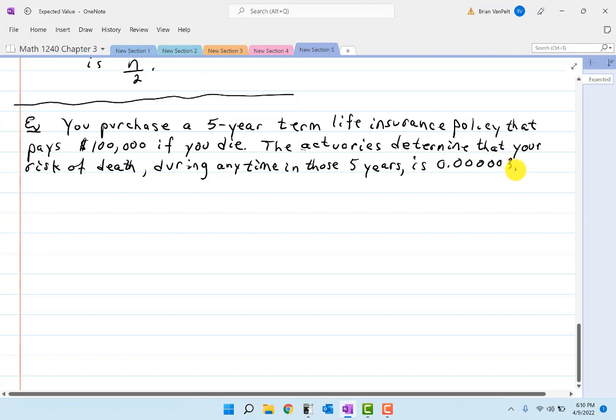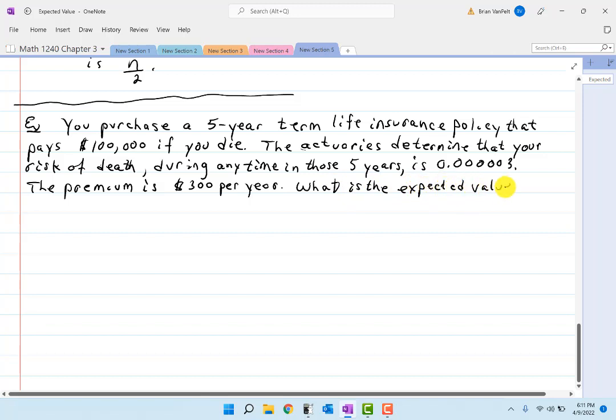That's 5 zeros. So that's how much they've determined. The premium is $300 per year. What is the expected value for the insurance company?